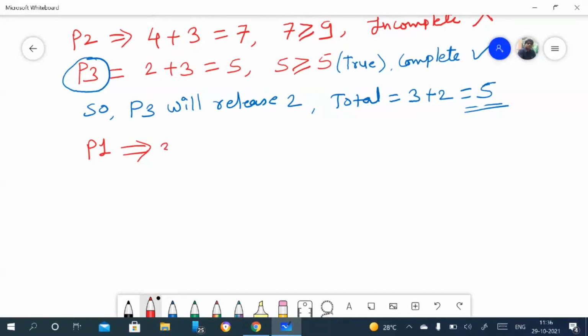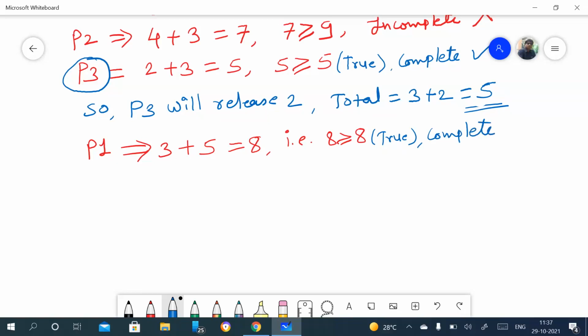So 3 plus 5, which is 8. That is 8 is greater than or equal to 8 because 8 is the maximum need of this. And we can say here this is again true. So complete. Right? This one is completed.